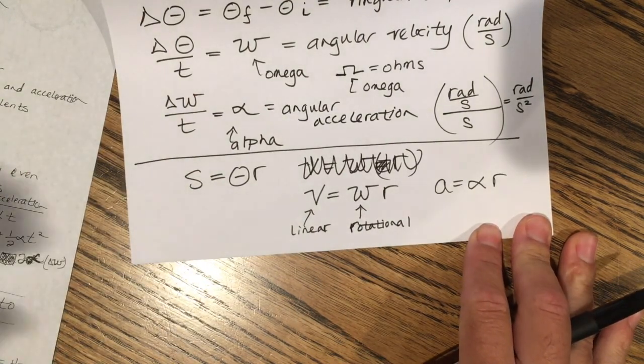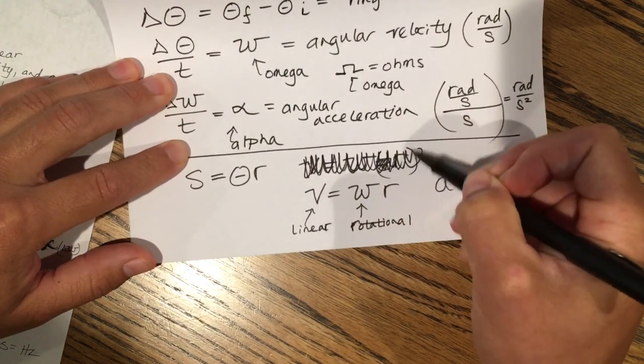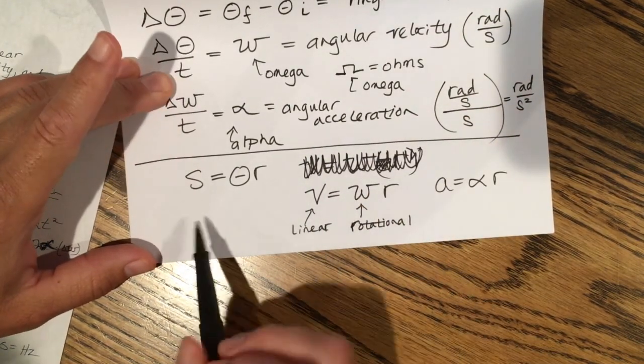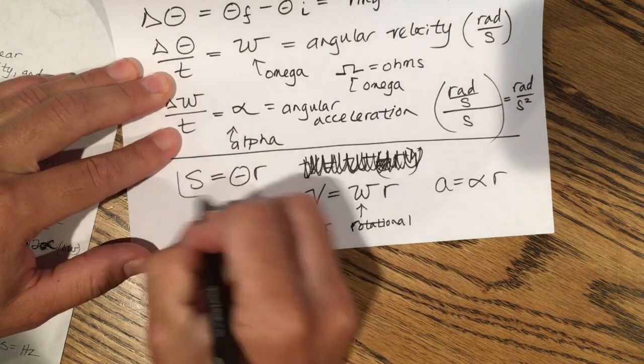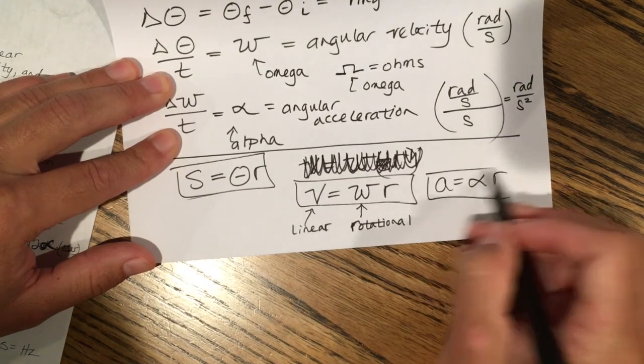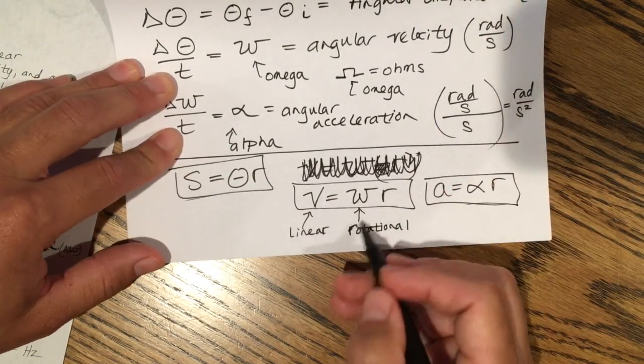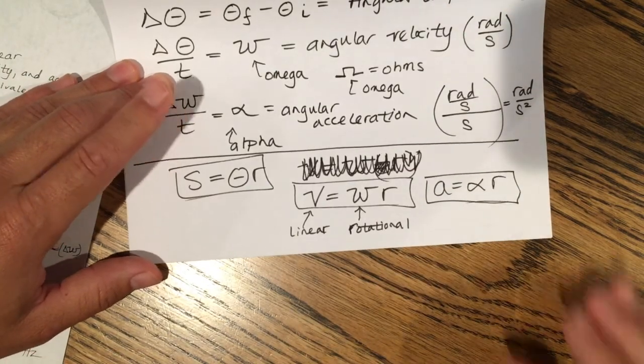And this is very nice. It's important that you understand this bridge. I think it's easiest to remember these three: you take the rotational quality, multiply by r, and you get the linear quality.